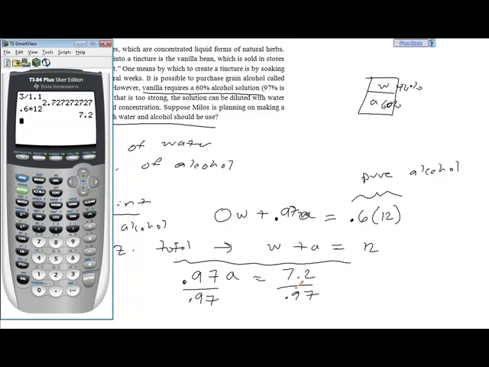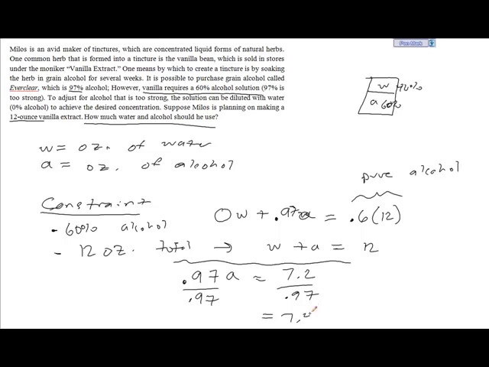In fact, we will have to do that, but we're solving this equation for A. So then we take 7.2 divided by 0.97, and this tells us that we would need about 7.4. We'll round to 2 decimal places. 7.42 ounces of alcohol.